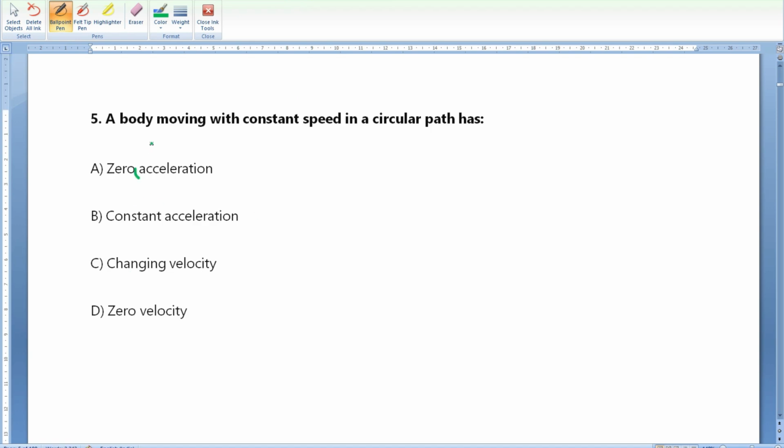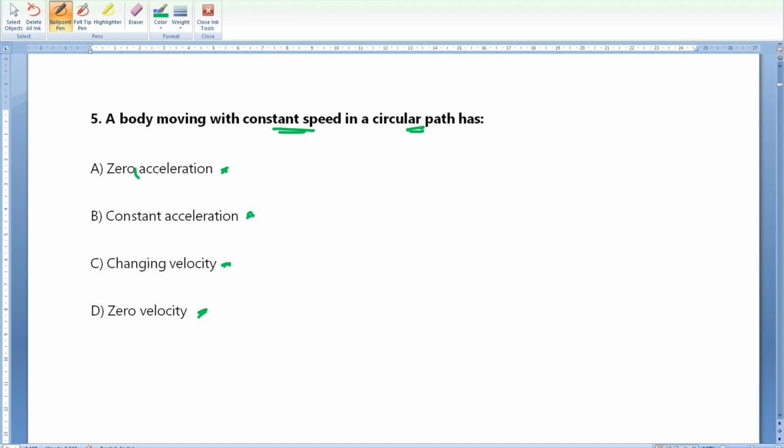Question number 5. A body moving with constant speed in a circular path has zero acceleration, constant acceleration, changing velocity, or zero velocity. Here the correct answer is changing velocity. When a body moves with constant speed in a circular path, its velocity is changing.